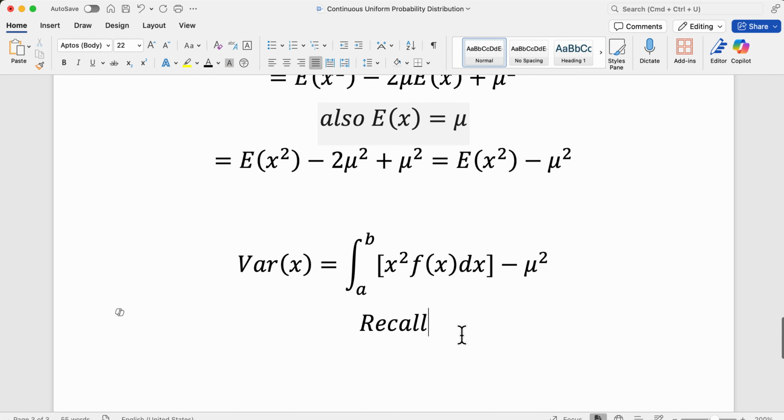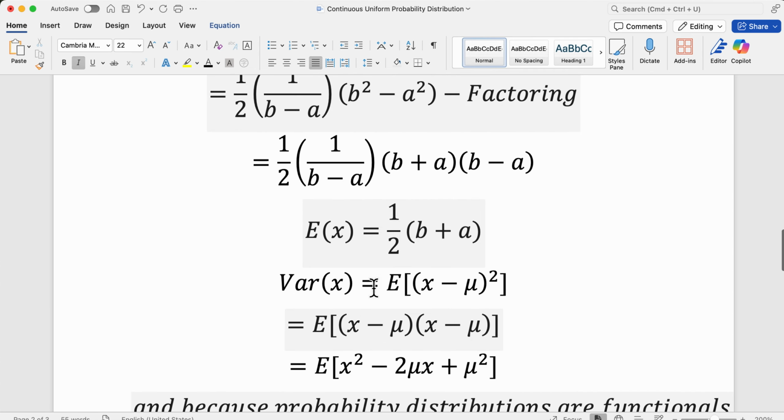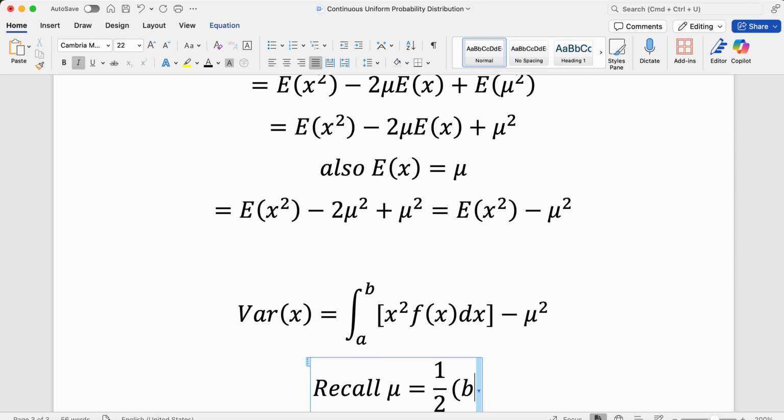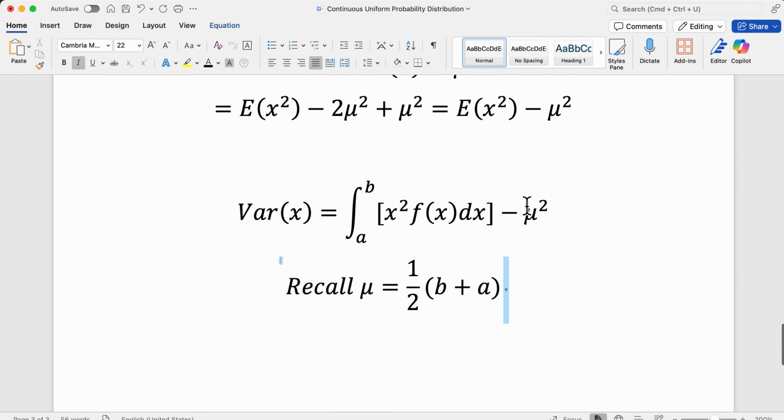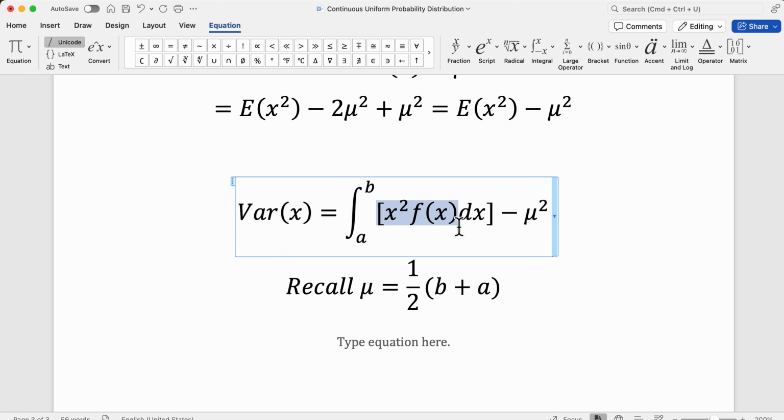And then we're done. Now recall that we got that mu equals 1/2 b plus a. So we can plug that directly into here, and that'll give us an answer. But for now, let us do the variance.